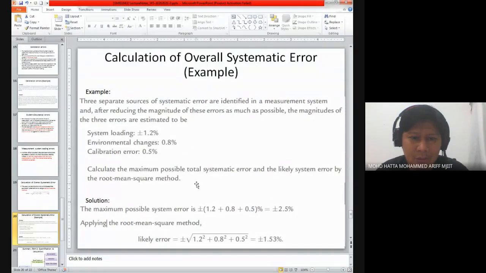Calculate the maximum possible total systematic error and the likely system error by the root mean square method.